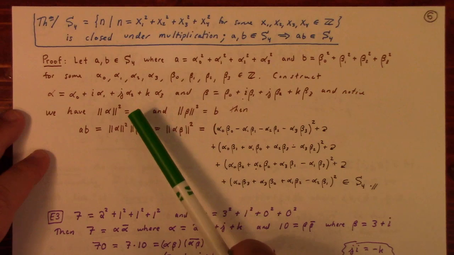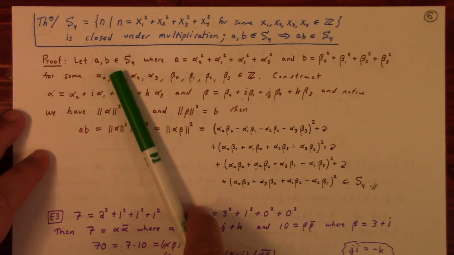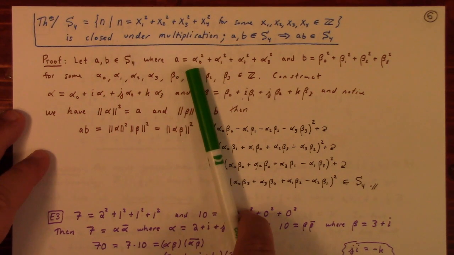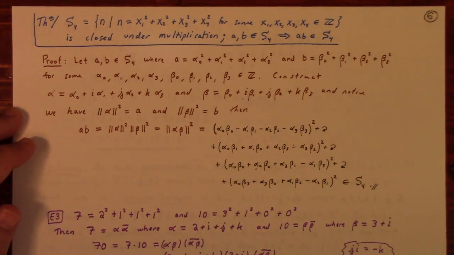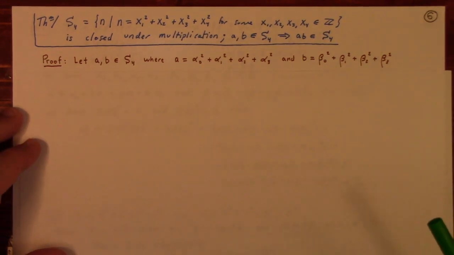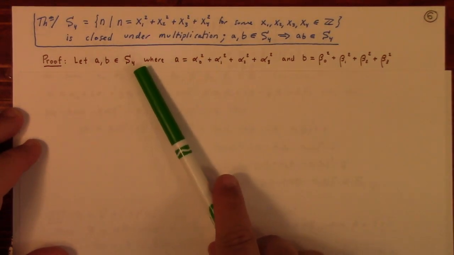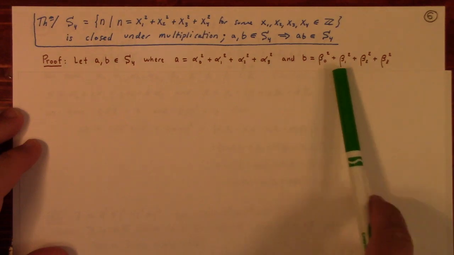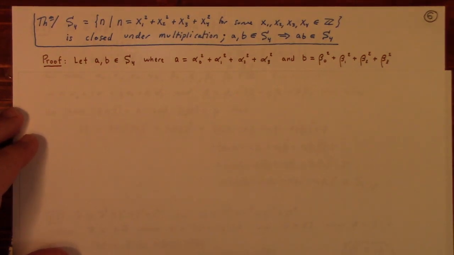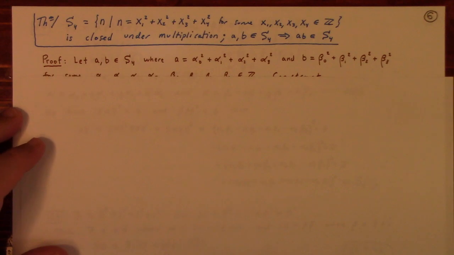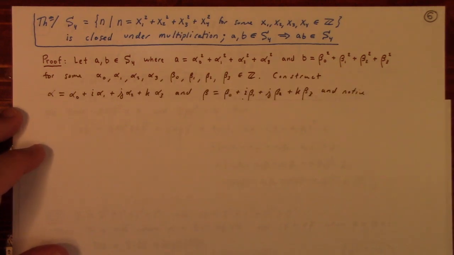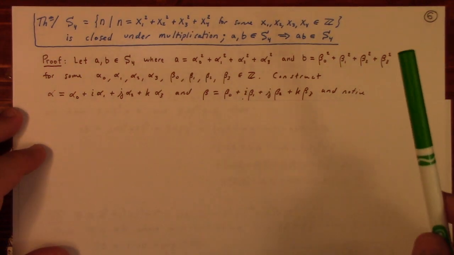So the proof is given here. If we have A and B in S4, then A is the sum of 4 squares, B is the sum of 4 squares, and I'm using the notation alpha naught, alpha 1, alpha 2, alpha 3, and likewise beta naught, beta 1, beta 2, beta 3, to anticipate rewriting them using quaternion math.